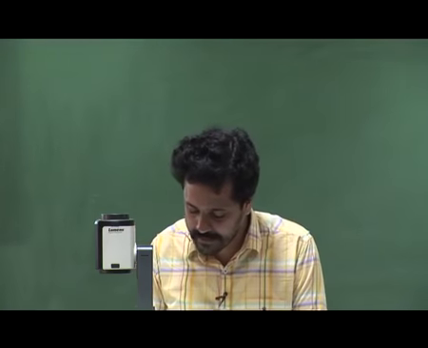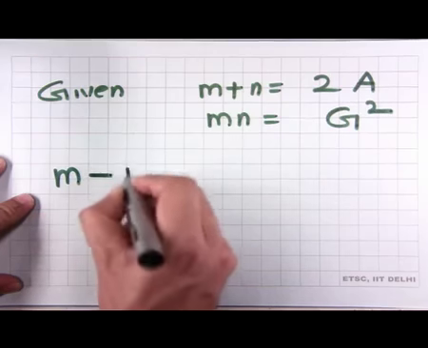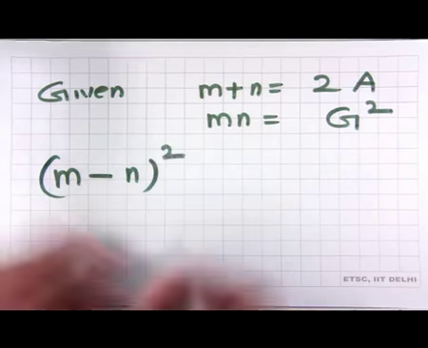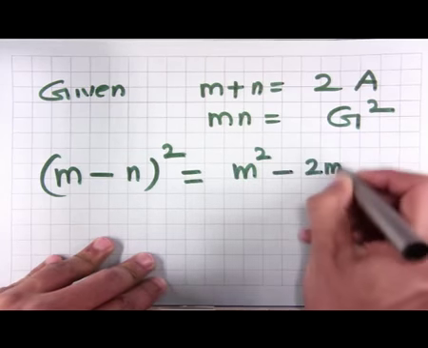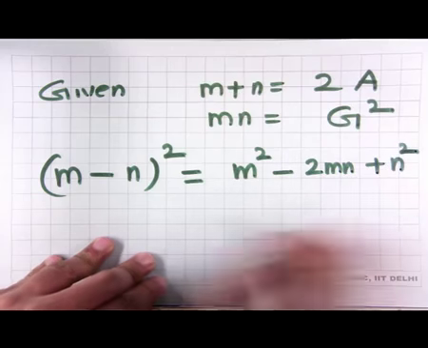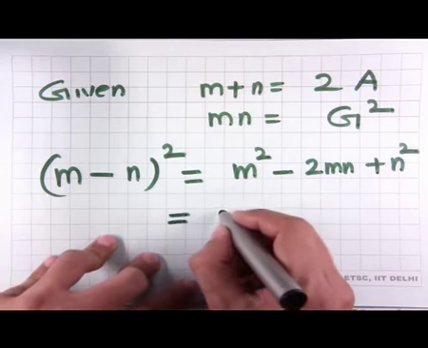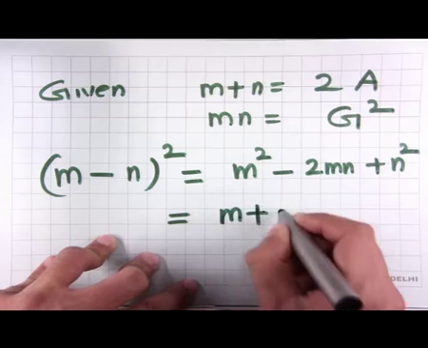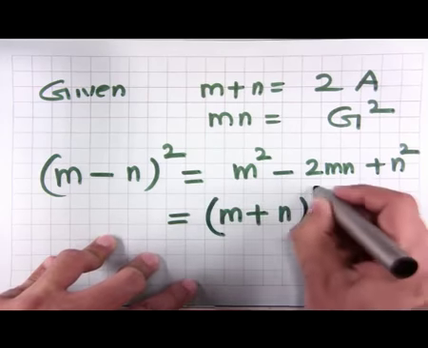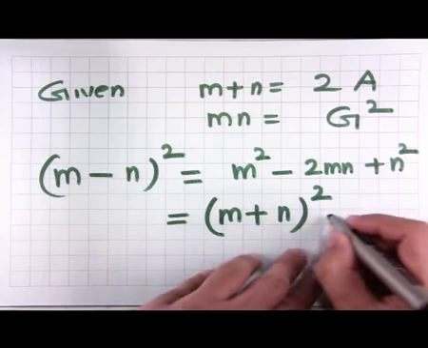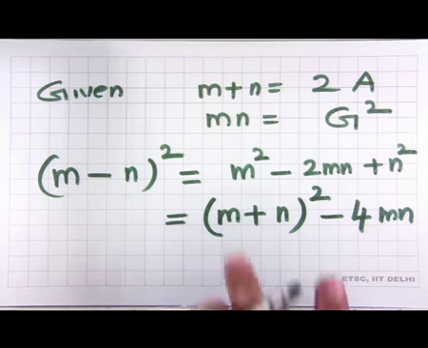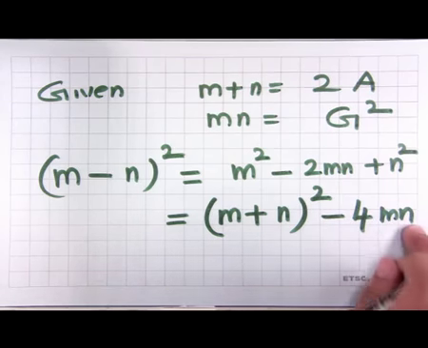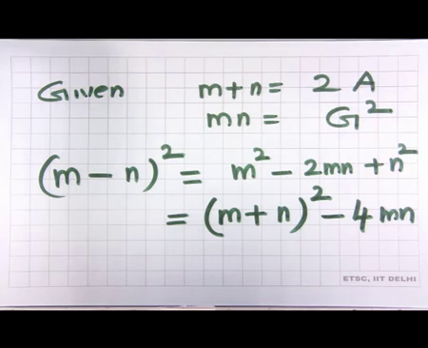Let us recall that (m minus n) the whole square is m square minus 2mn plus n square, which can be thought of as (m plus n) the whole square minus 4mn. Thus, given sum and the product of two numbers, we can find the difference of those two numbers.